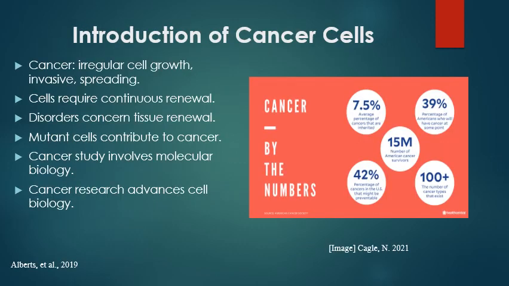Cancer is irregular cell growth. It can be invasive. It can spread to different parts of your body if untreated. Cells are required to continuously renew themselves in order for us to grow, in order to replace cells that have died, in order to replace cells that are not good. It's just the function of our life. And a cell can mutate in mitosis.